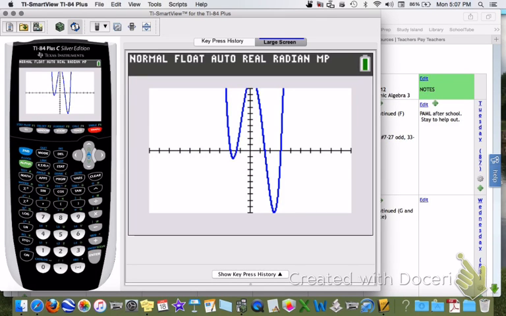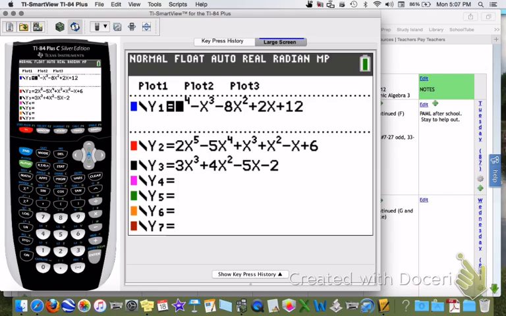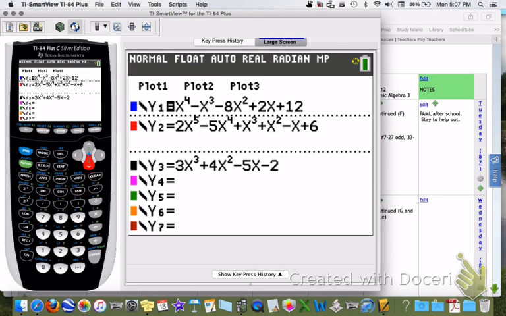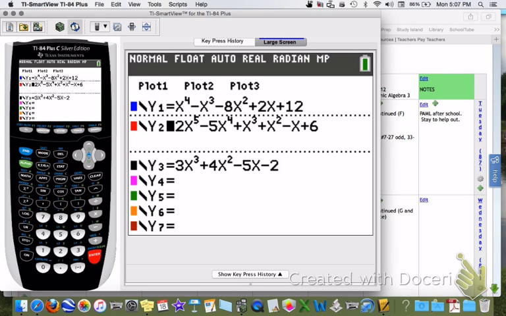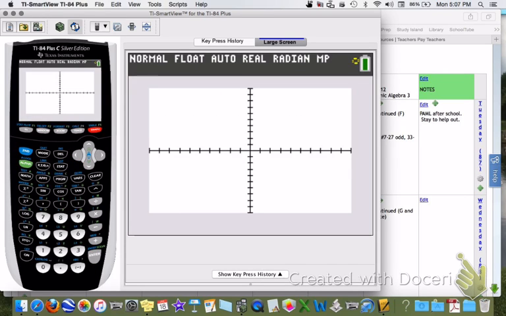And now in your y equals, notice that I pre-typed them all out. So remember, I can unhighlight the first one, go down and highlight the second one, and now graph that so you can kind of see what I'm doing here. Alright, so it looks like there is my picture.